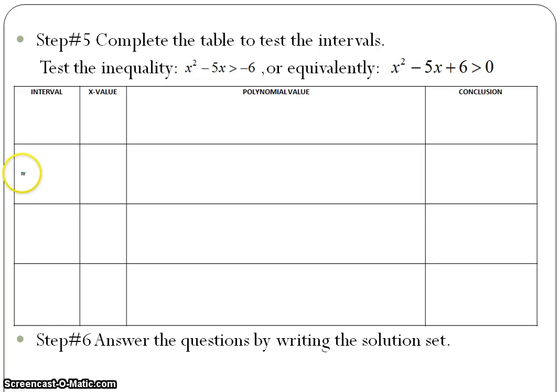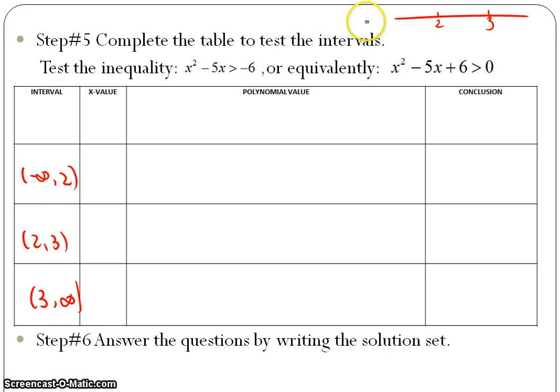So we're going to fill out the table. So the intervals are from minus infinity to 2, from 2 to 3, and then from 3 to infinity. So I have 2 and 3. So I need an interval between minus infinity and 2.